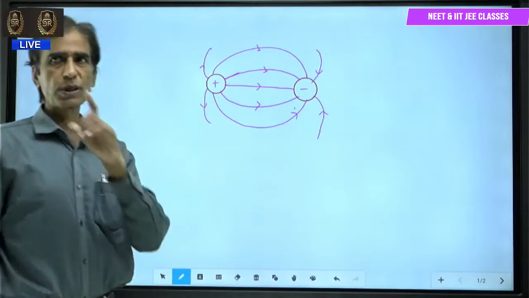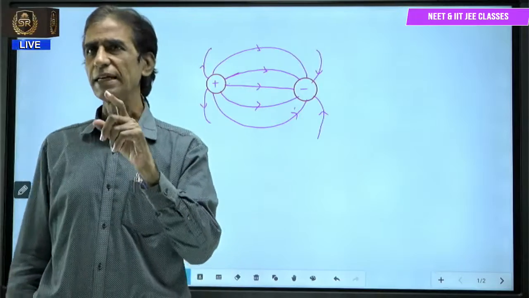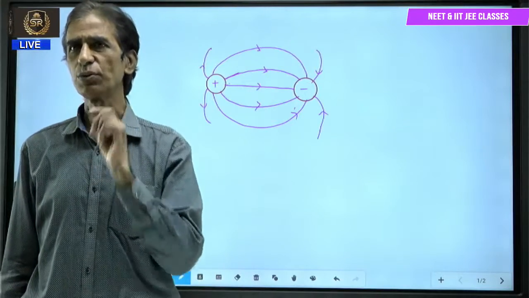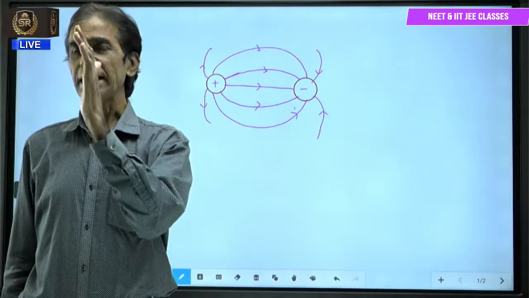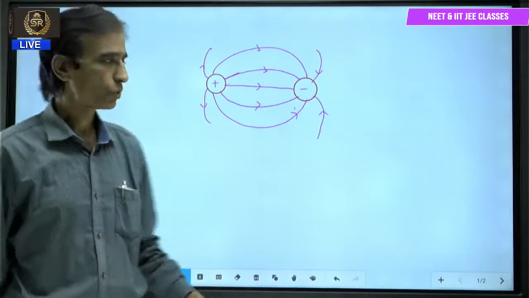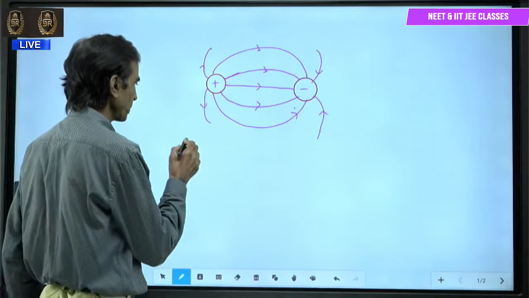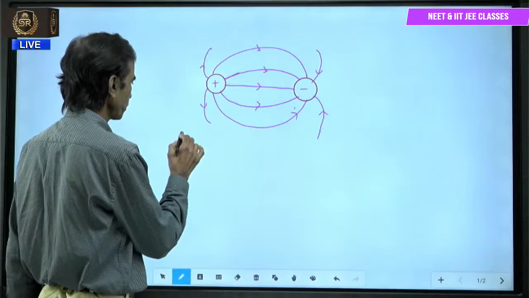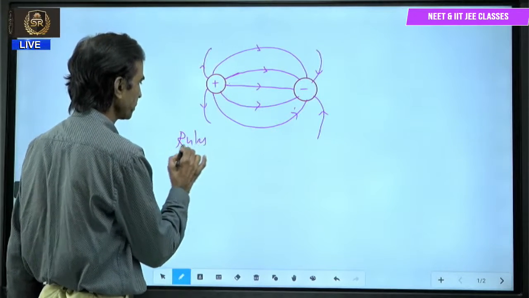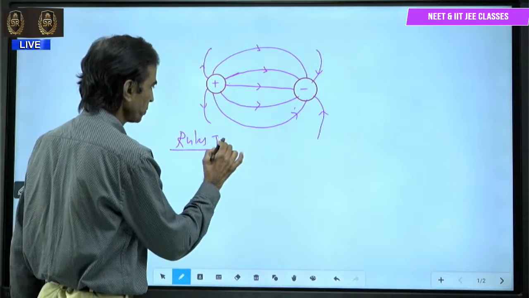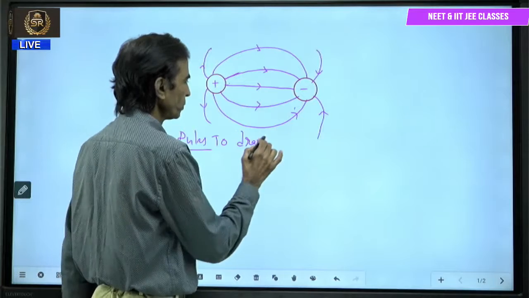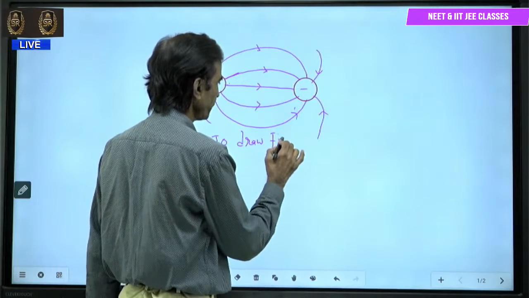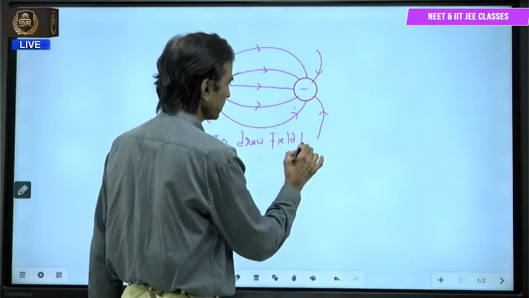Next, rule number 2. When you draw a field line, if you draw a tangent at any point to the field line. But first, rule number 1. Rules to draw electric field lines or electric force lines.